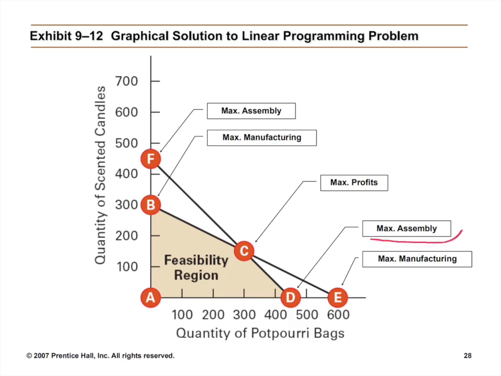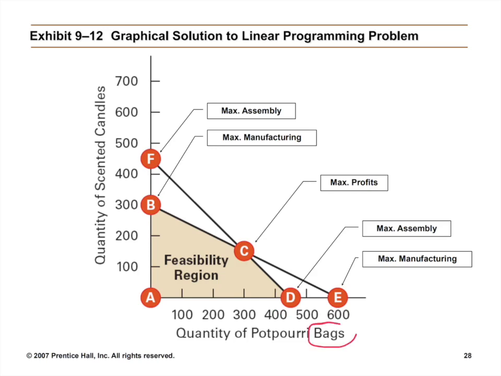Then we can identify the maximum assembly at this point, and maximum manufacturing at this point. What does it mean, maximum assembly and maximum manufacturing? At this point we only produce bags and 0 candles, so all of our capacity is used to produce bags.